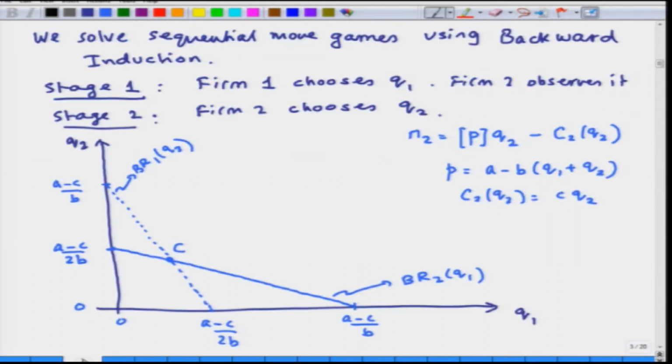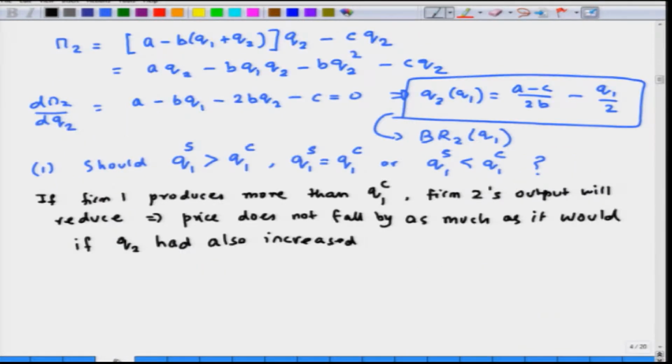So, if firm 1 were to increase its output, notice that firm 2, which is always going to choose its best response, its Q2 from its best response function BR2, will find that it will now choose a lower quantity of output. This is good news for firm 1 as the price does not fall by as much. So, this tells us that firm 1's output in the Stackelberg model is going to be greater than its output in the Cournot model, right.